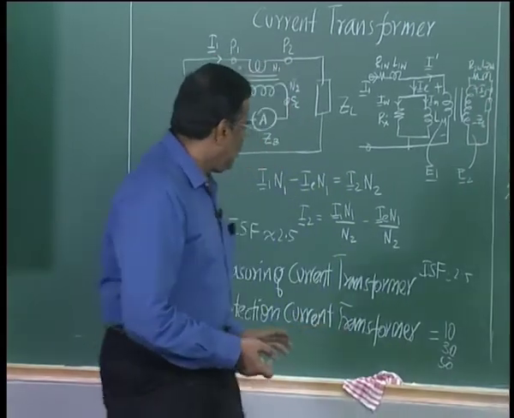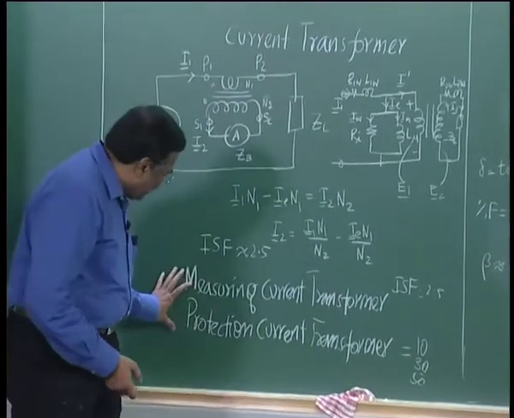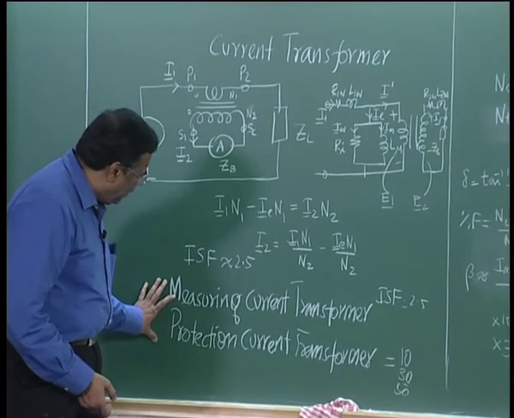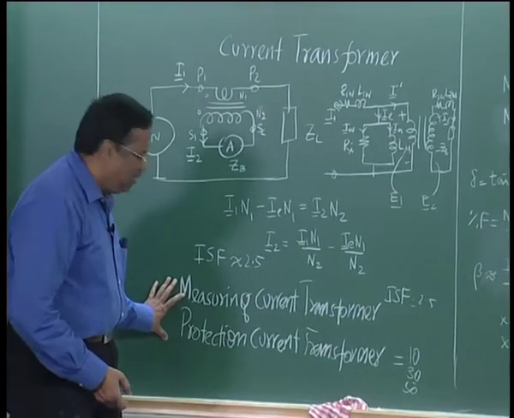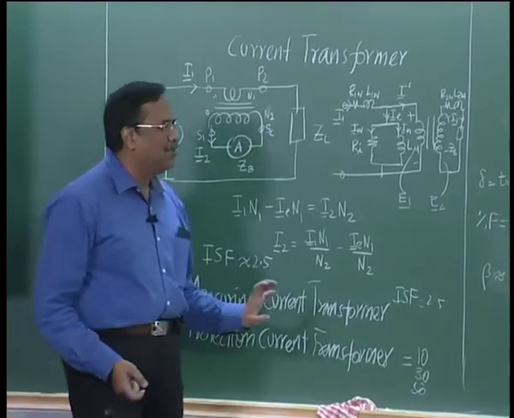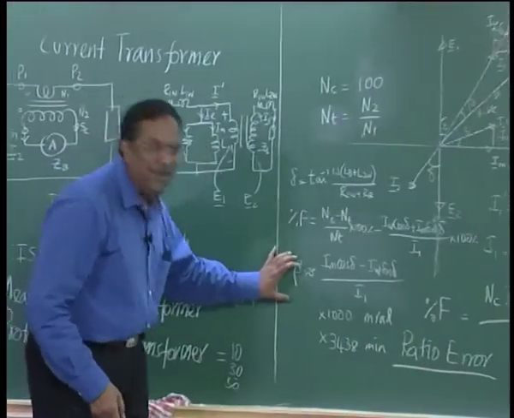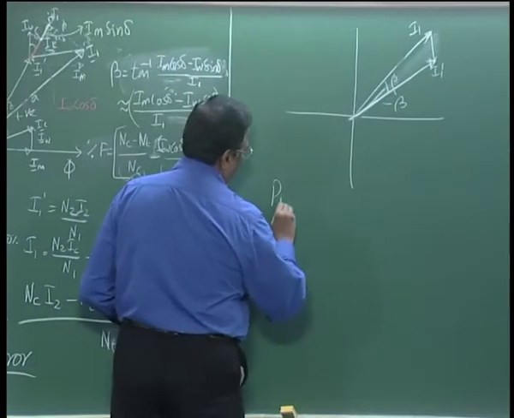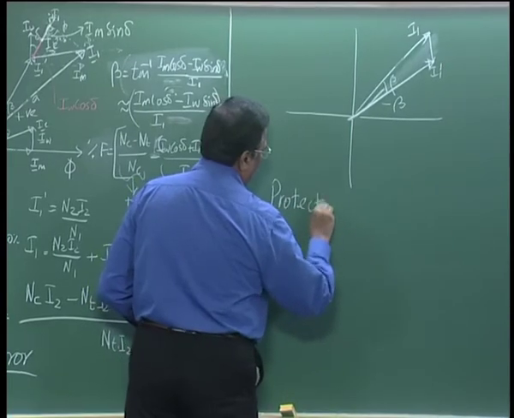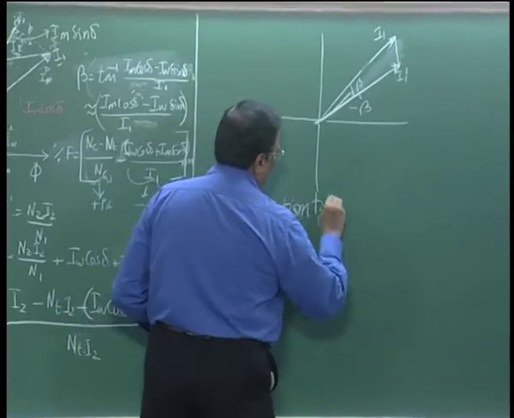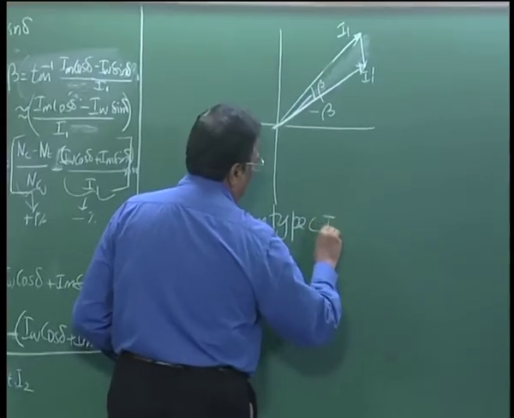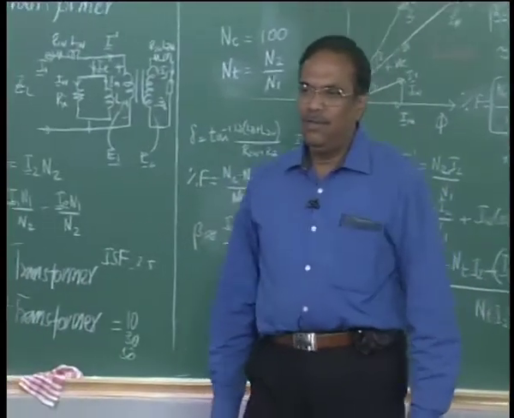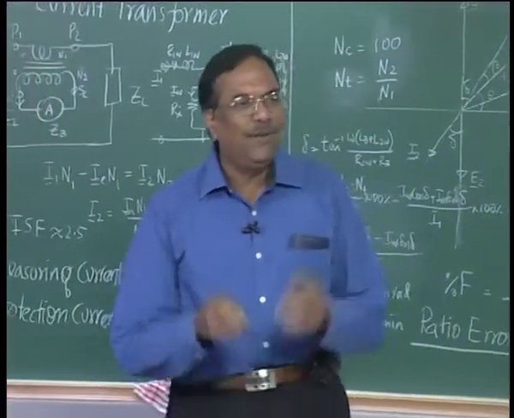Now if we look at two different current transformers, when I look at the measuring current transformer, I have the ratio error and the phase error. When we come to the protection transformer, first of all we are not even worried about large errors.